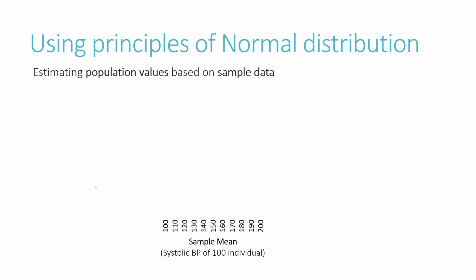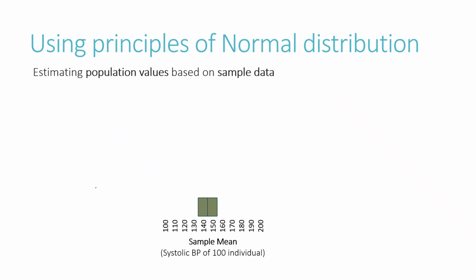Let's say the average systolic blood pressure in this first sample is 140 millimeters of mercury. In practice, we typically conduct such studies only once, but imagine repeating this sample experiment multiple times. In the second random sample of 100 different individuals from the same population, the average systolic blood pressure may be, say, 150 millimeters of mercury.